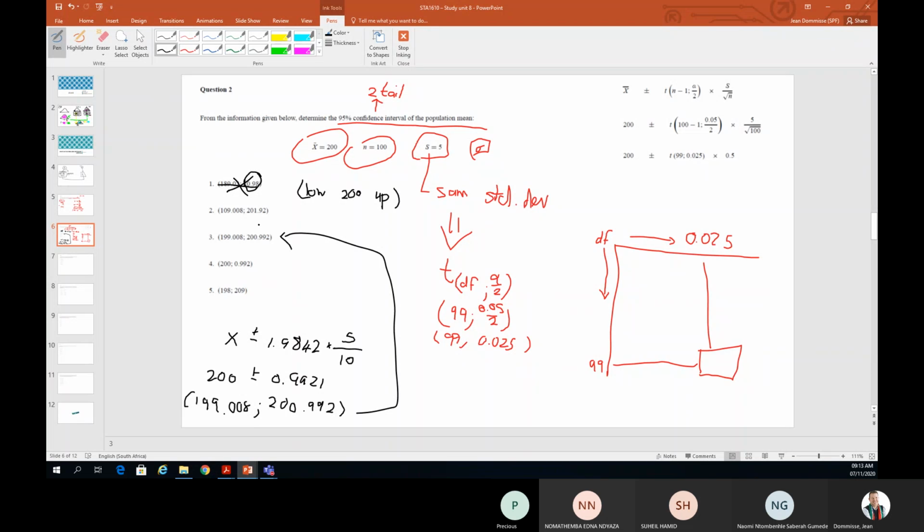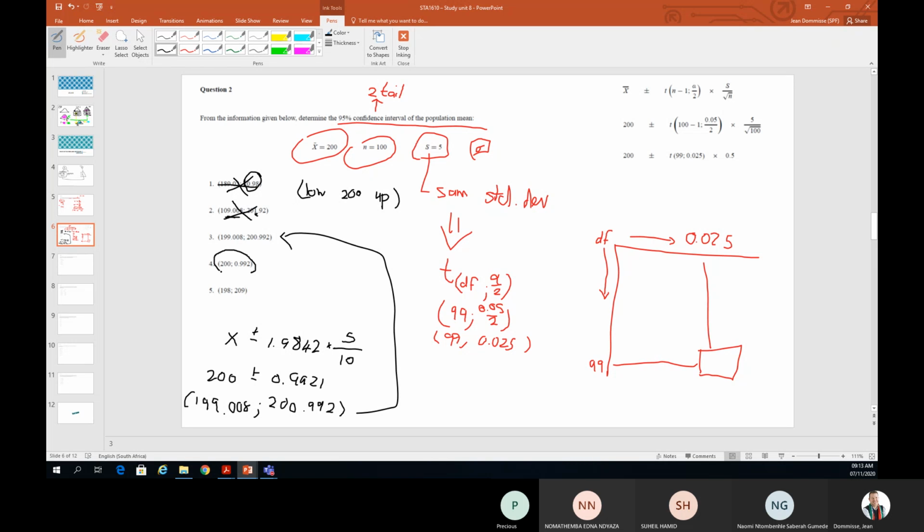If we look at this option, the one is just bigger than 200, the other one is much smaller than 200, and 200 will be in the middle. So that can also not be an option.